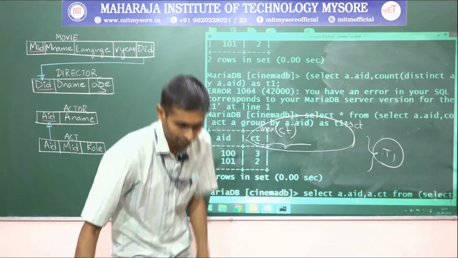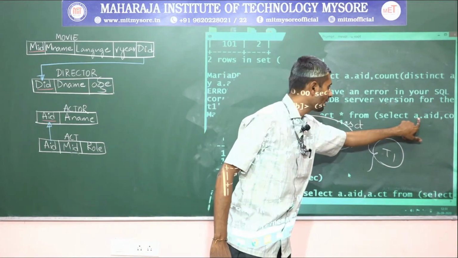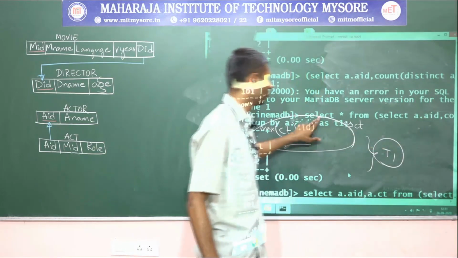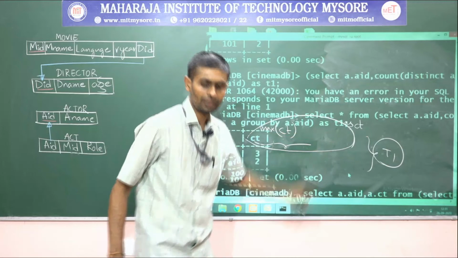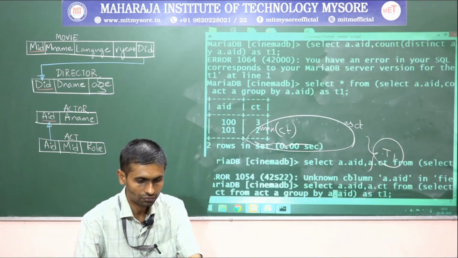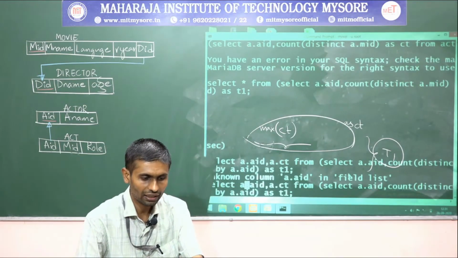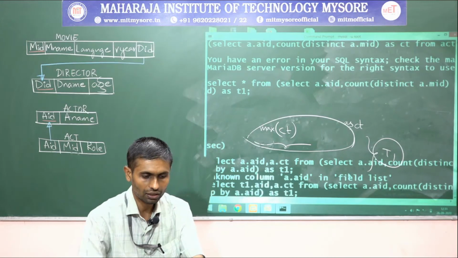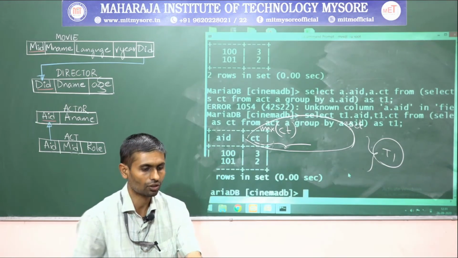Why? Because this A is available only to the inner query. A means act. But to the outer query, it is from T1, because we have given a name as T1, right? So for that, just replace A.AID by T1.AID and A.CT by T1.CT, right? Now look at this one, guys.